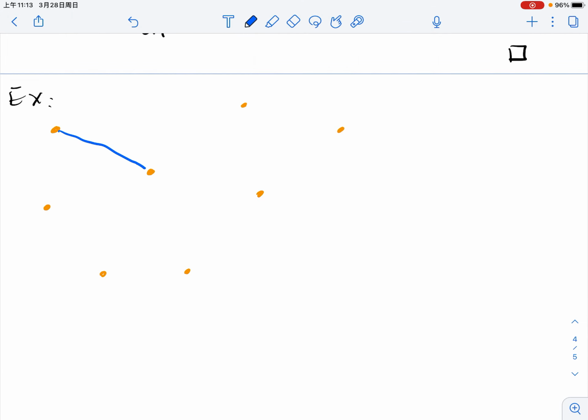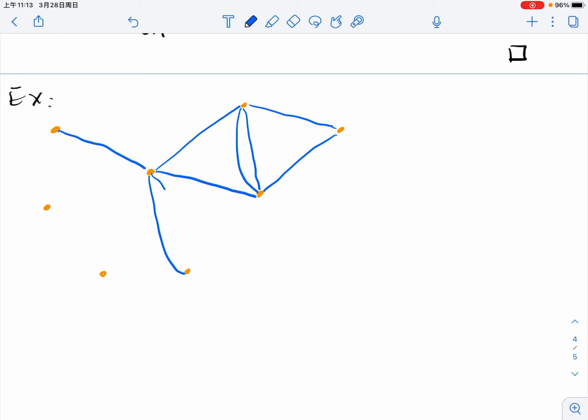Actually, in the above theorem, we didn't show you why there's always a cycle. We will explain by the following example. So this is a general graph.